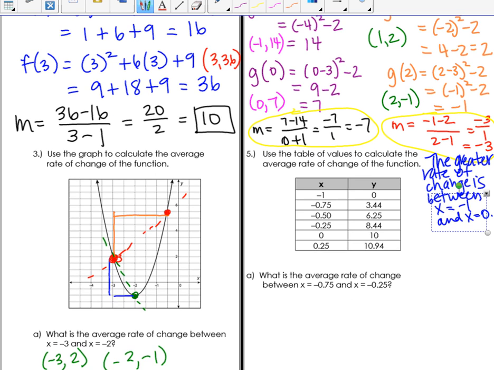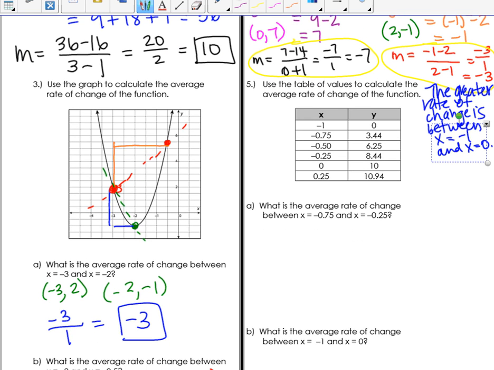Okay. All right, last one. Now we're just going to use a table of values. So this says, what is the average rate of change between x equals -0.75 and x equals -0.25? So you just need to go and pull those pieces of data off of your table, and use your formula.